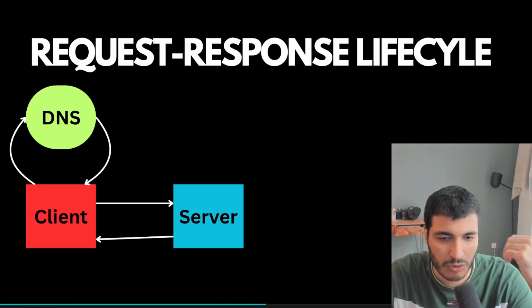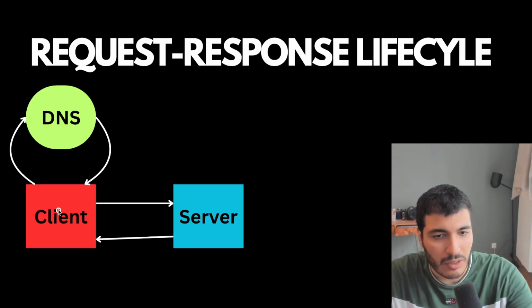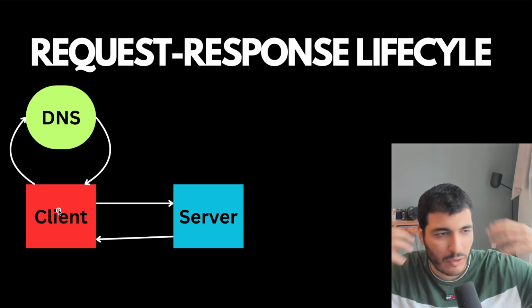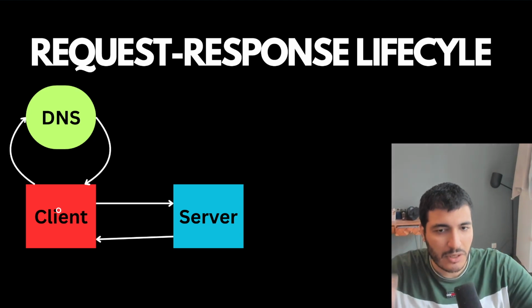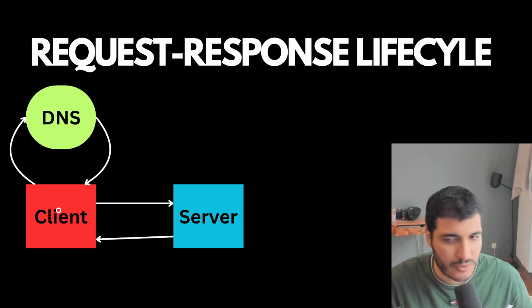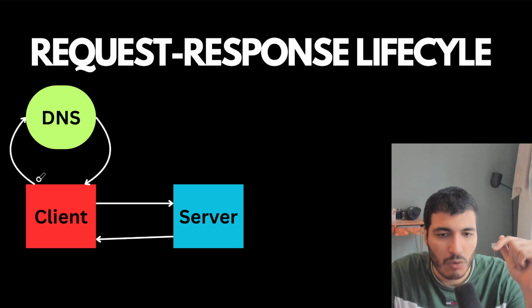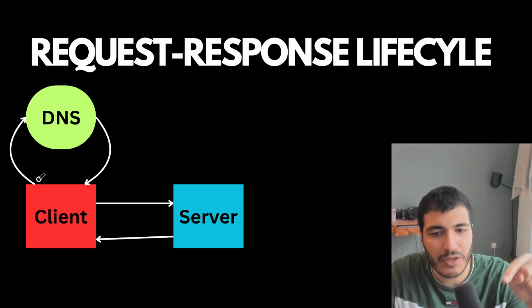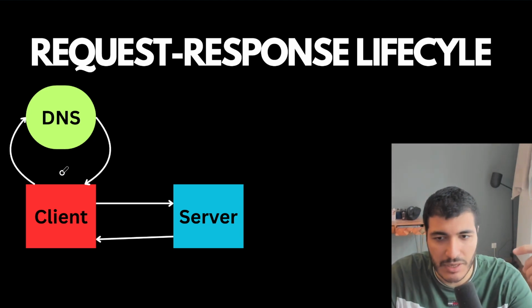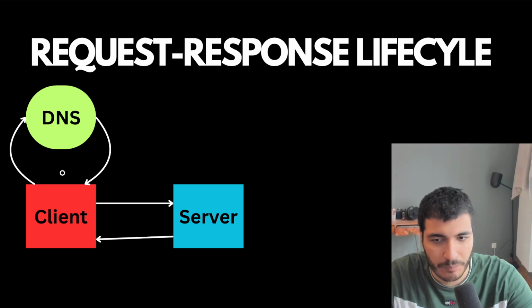Okay, let's go next to understand how the request flows. A single page load triggers dozens of these conversations. So let's zoom into one. First, your client will resolve a DNS name to an IP address. For example, google.com or facebook.com.